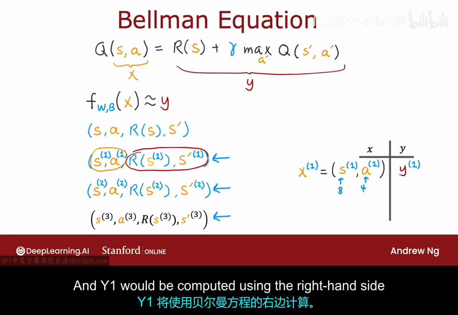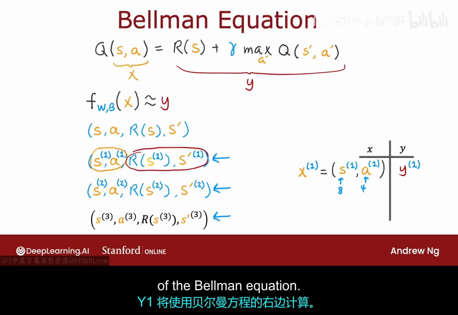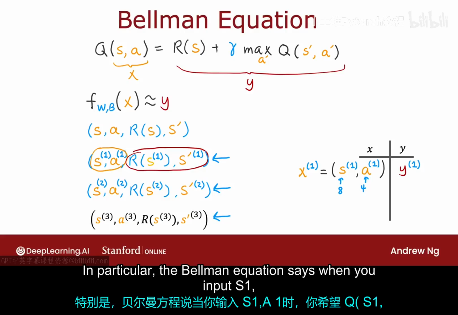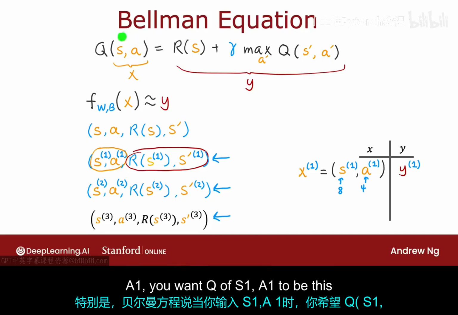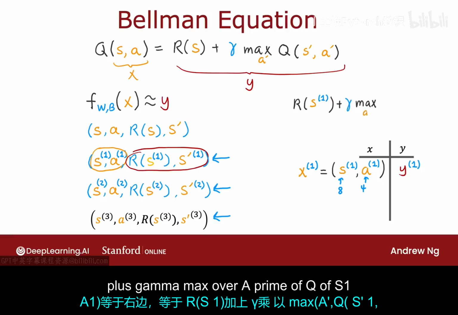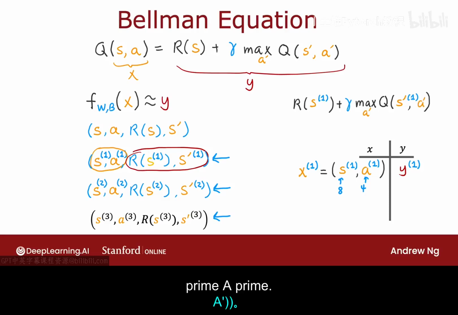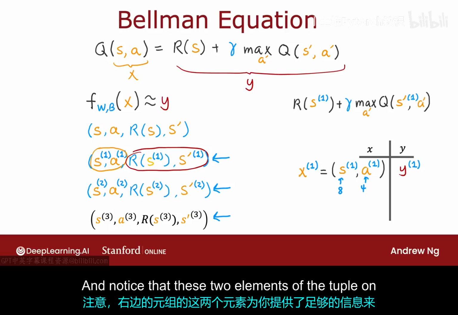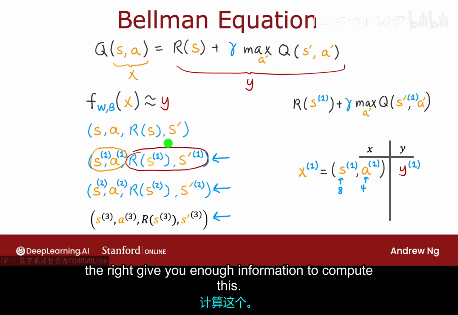And Y1 would be computed using the right-hand side of the Bellman equation. In particular, the Bellman equation says when you input S1, A1, you want Q of S1, A1 to be equal to this right-hand side, R of S1 plus gamma max over A prime of Q of S1 prime, A prime. And notice that these 2 elements of the tuple on the right give you enough information to compute this.